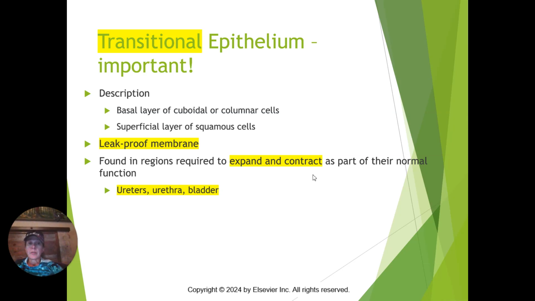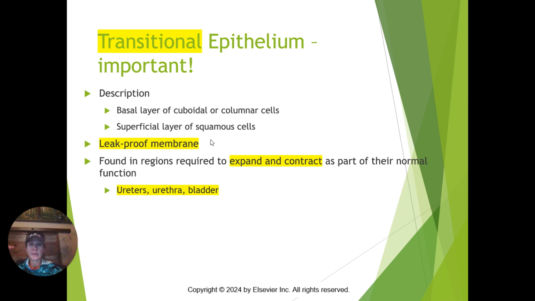Now, there's this other type of epithelium, which is very important, called transitional epithelium. And transitional epithelium is found almost exclusively in the lower urinary tract. So the ureters, the urethra, and the bladder. Transitional epithelium is kind of a group project. So you've got one layer of cuboidal or columnar cells, and then on the surface of those cells are squamous shaped cells.